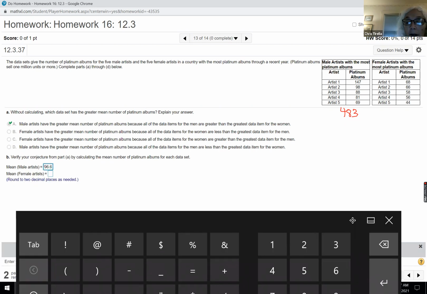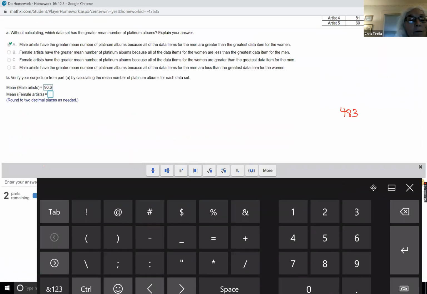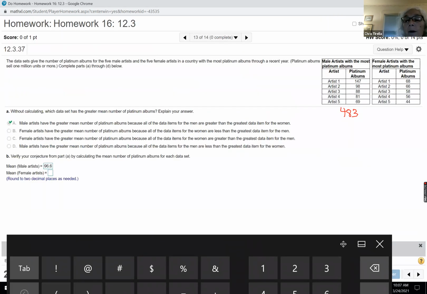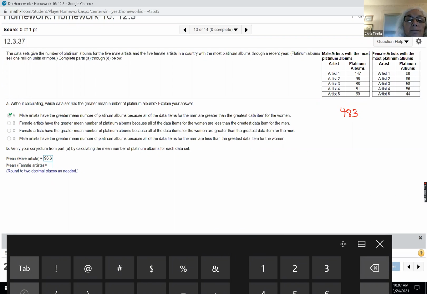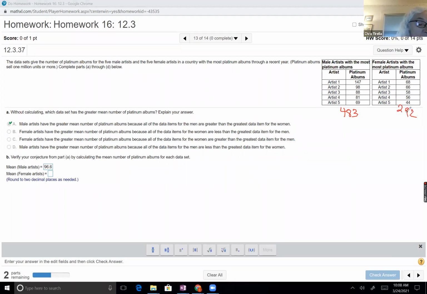And then the mean for the women, we'd have to add them up. So their total would be 68 plus 66 plus 58 plus 56 plus 44, and that adds up to 292. And so when I take that and divide it by 5, their average is 58.4.